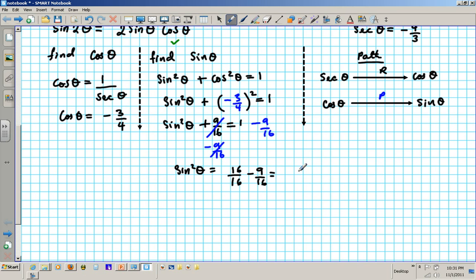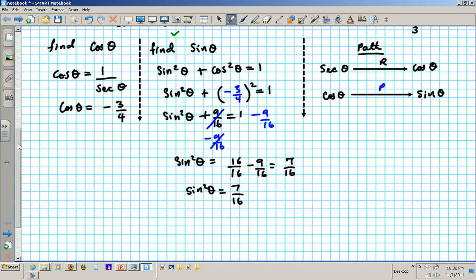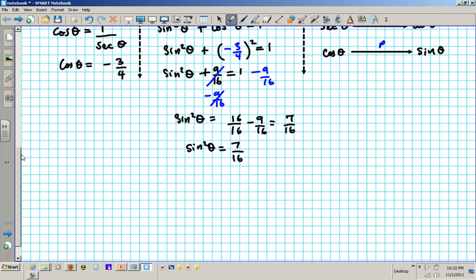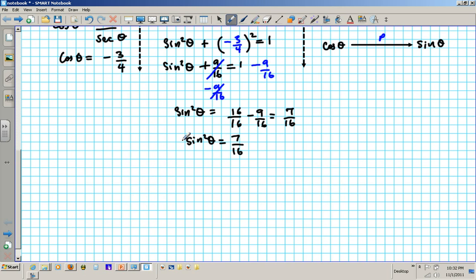So if we subtract the numerators, we'll end up with 7 over 16. 7 over 16 is the value of sine squared theta. Let's write that down. Sine squared theta equals 7 over 16. Then what is sine theta going to be? You just do the opposite of the square, right? You root both sides, root the top and the bottom. So since you're taking the square root of a square, sine theta is going to be plus or minus radical 7 over 4.